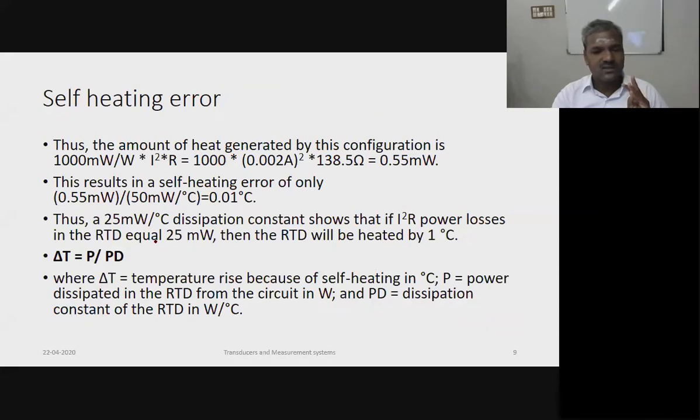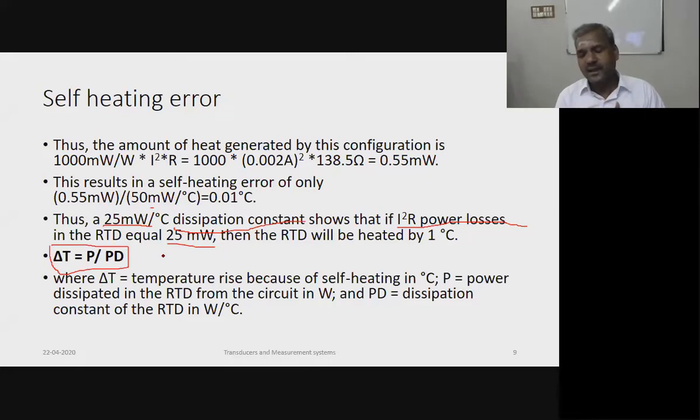Say the dissipation constant is 25 milliwatt per degree Celsius for measuring the I square R power losses, which means 25 milliwatt for a 1 degree Celsius rise. So this is a very important relation for the increase in temperature because of self-heating error. How much is the temperature increased because of self-heating error?